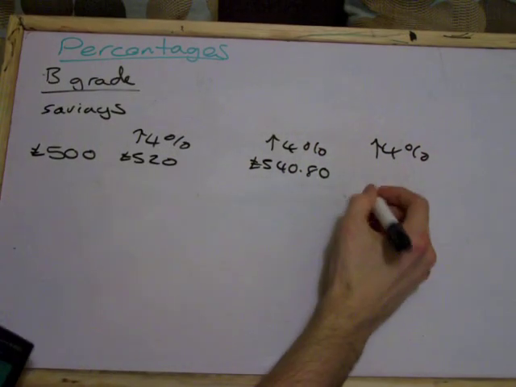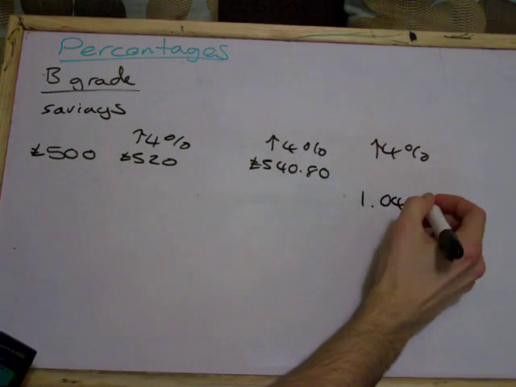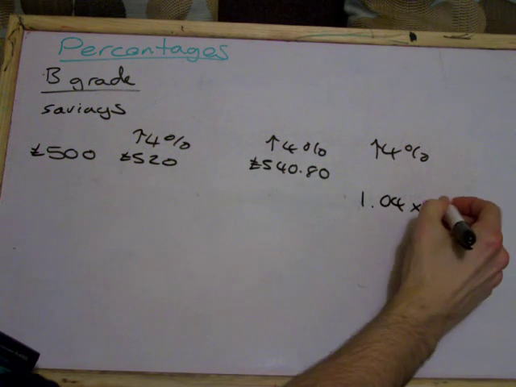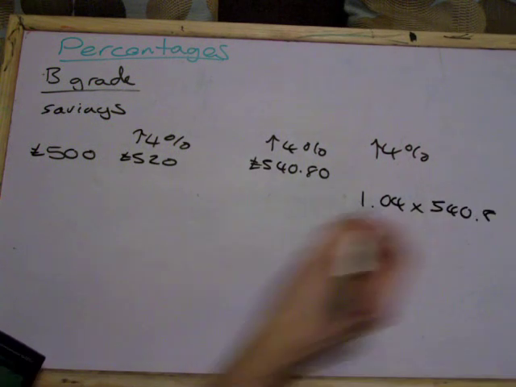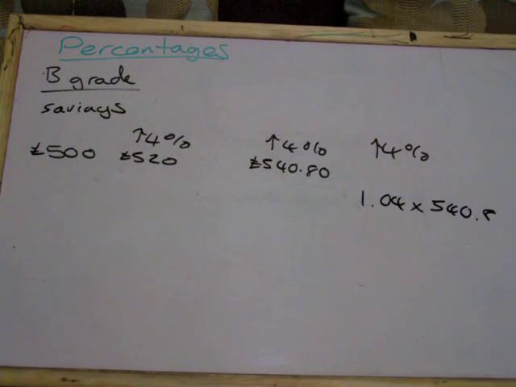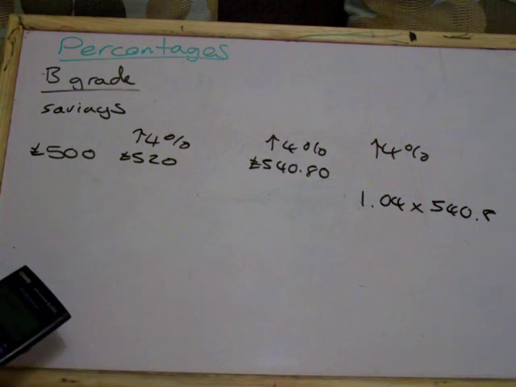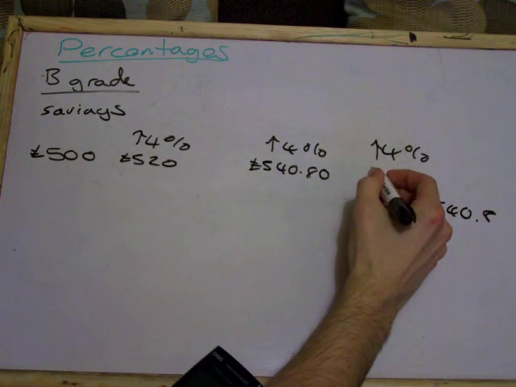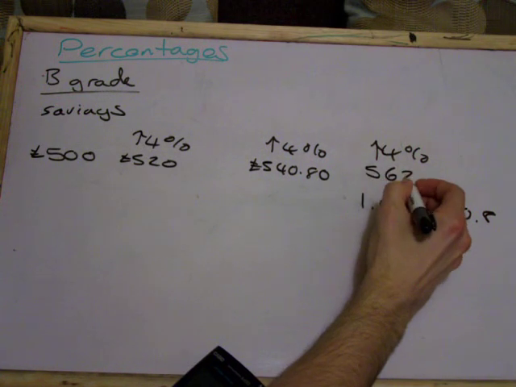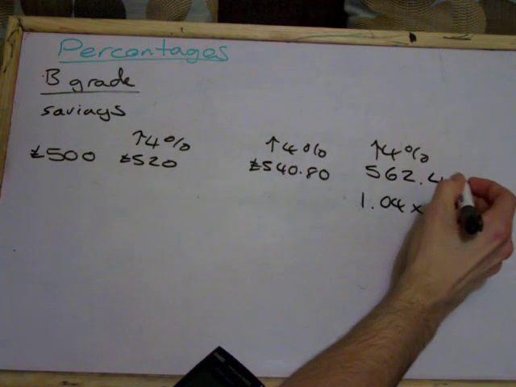Okay, now the last one is going to be 1.04 times whatever you had before, 540.8. Okay, and that one there is going to equal £562.43.